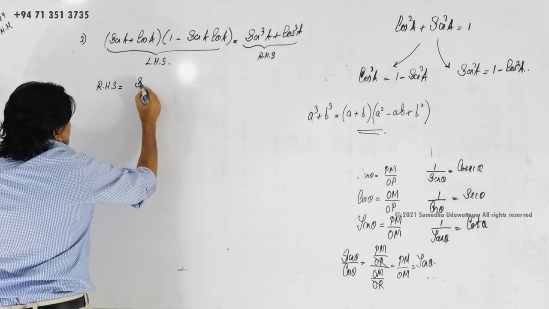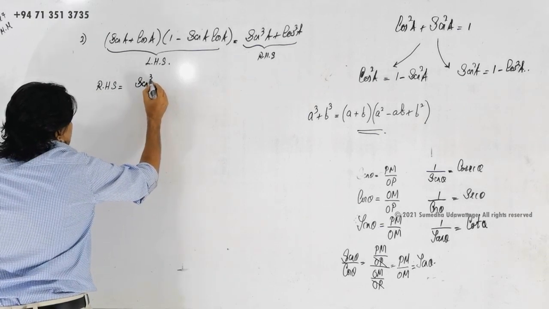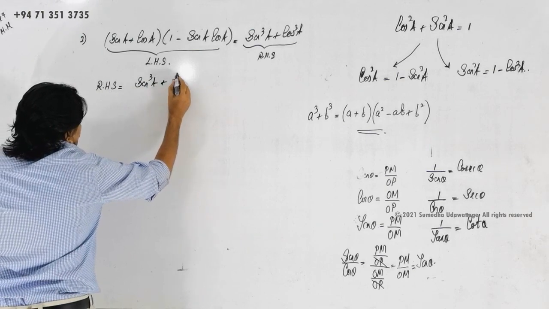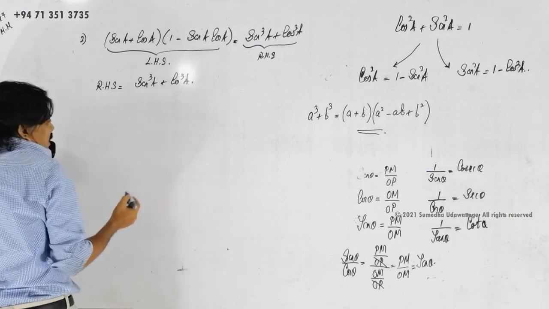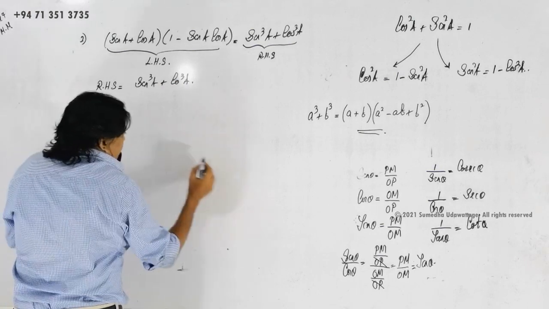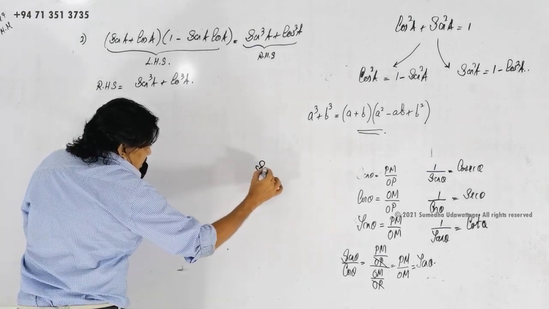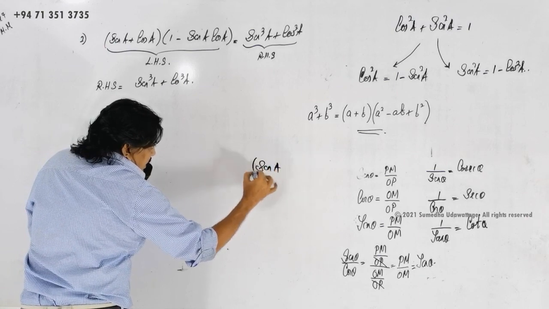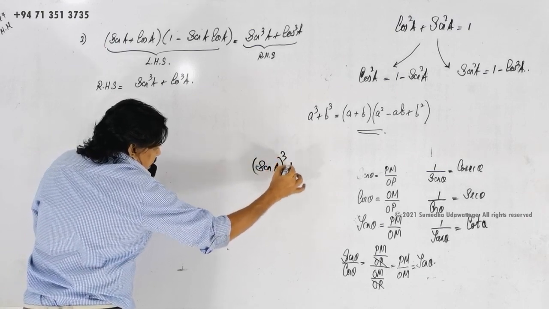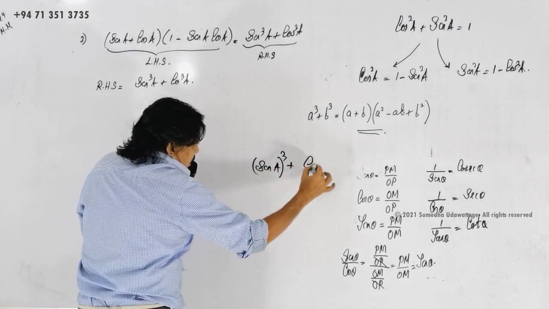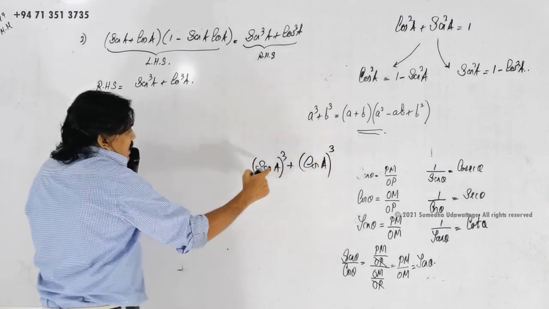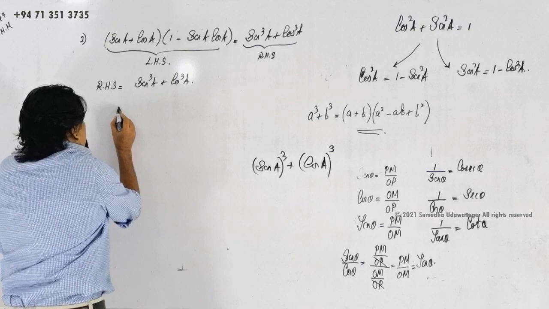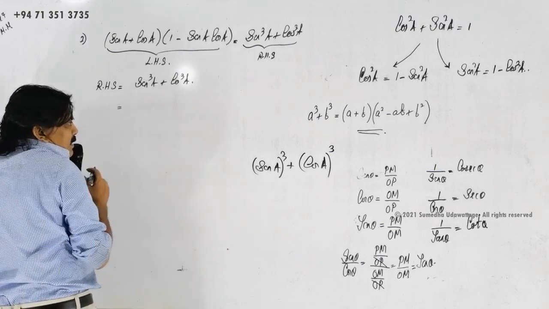It comes to sine to power 3A plus cos to power 3A. When you say sine to power 3A, it means sine A, a complete thing, to power 3, and cos A, a complete thing, to power 3, but still we don't go to that level to write it here.